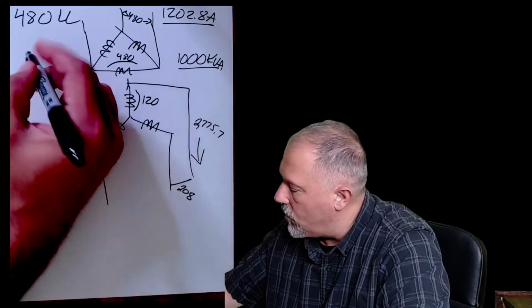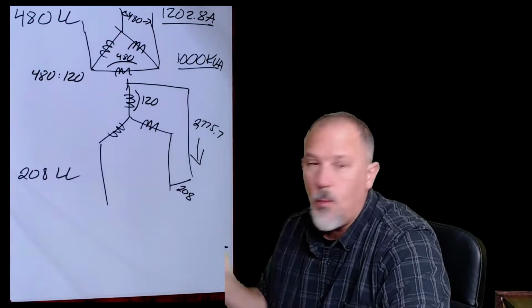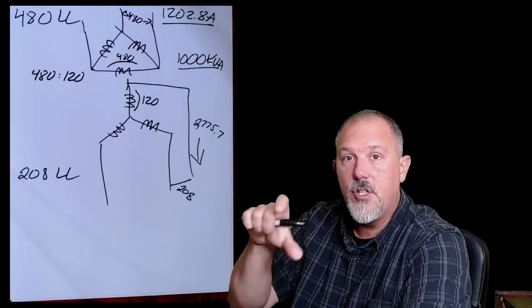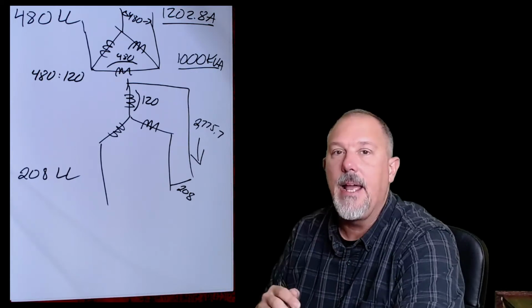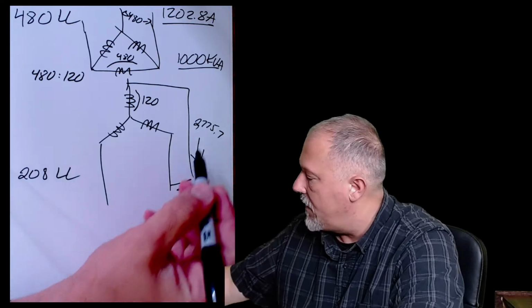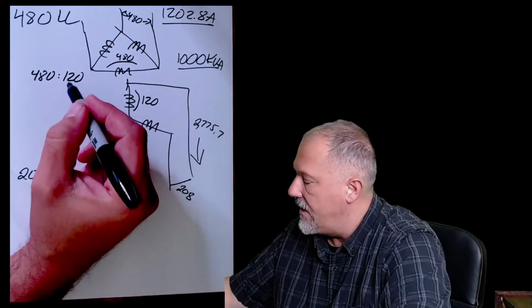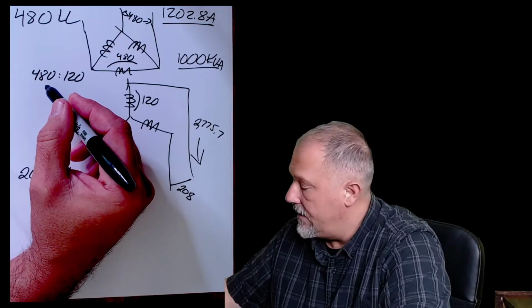So I have a 480 to 120, three individual 480 to 120 transformers. So you might say that my turns ratio is I should take the 2775.7 times 120, divide that by 480.